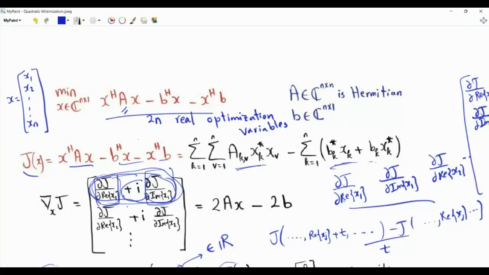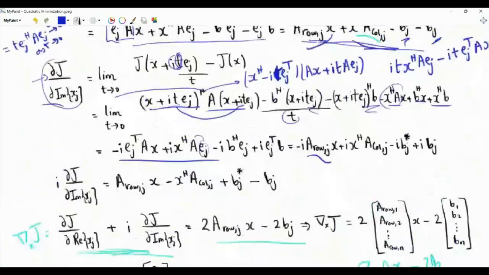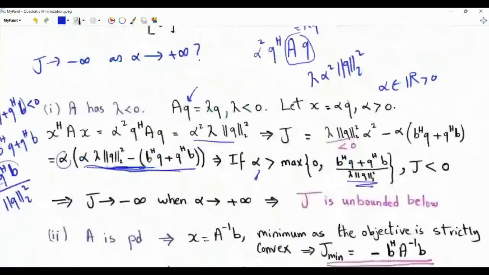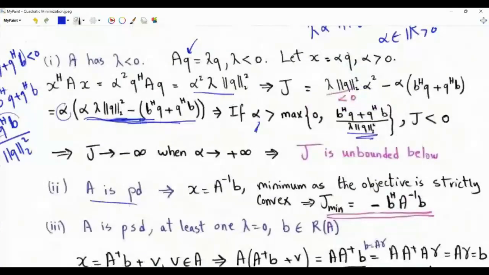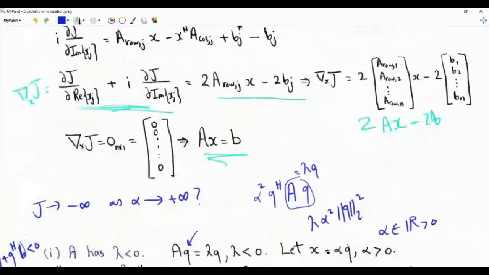Now, if we exclude this case, then our pool of eigenvalues contains either zero or strictly positive eigenvalues. So case 2 will be the sweet case, in which A is positive definite.